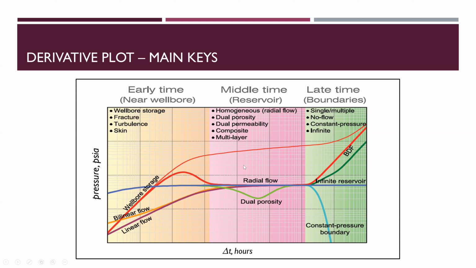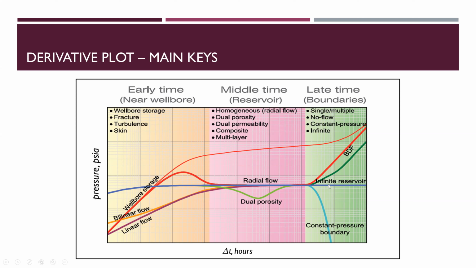And during this middle time, we are expecting any of these to dominate. If the reservoir is homogeneous, infinite acting, the flow regime will be radial and it will be horizontal, as you see. And at late time, we have a variety here: either the derivative goes down, or maintains horizontal, or declines upward. Declining upward, as has been said before, means boundary dominated flow, closed boundary, closed reservoir.